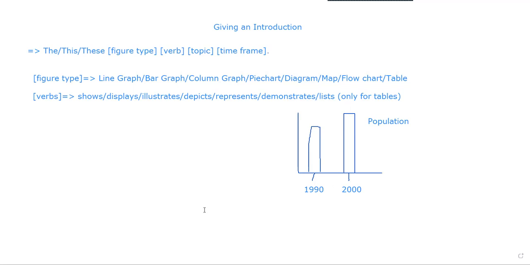So now let's see some of the expressions or strategies that you can use to talk about the time frames that have been provided within the questions. Can you guys hear me? Yes. Okay, then let's talk about which strategies we can use to include the time frame in our introduction if provided in the question.